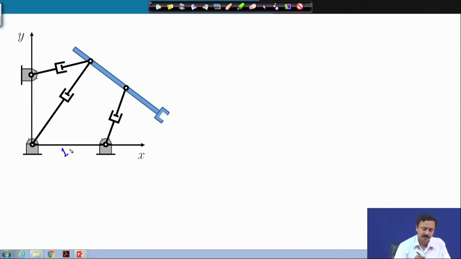Just number the links 1, 2, 3, 4, 5, 6, 7, 8. So, number of links is 8, number of joints 1, 2, 3, 4, 5, 6, 7, 8, 9.